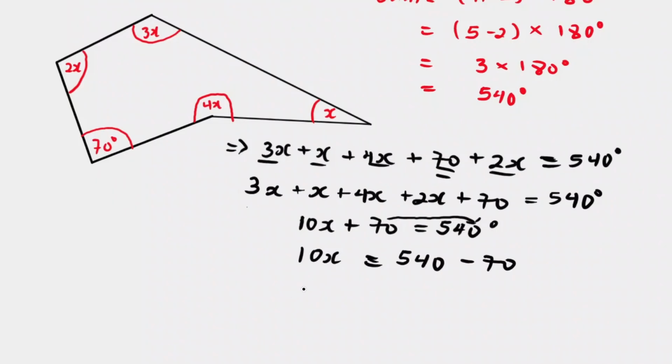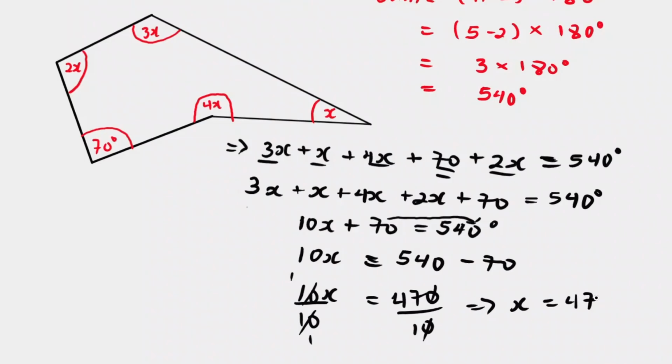Now when you subtract, you're going to get 10x equal to 470. To find the value of x, we just have to divide both sides by 10. So 10 will just cancel 10, and 0 will erase this 0. So this implies that x is equal to 47 degrees. So that is how we can find the value of x.